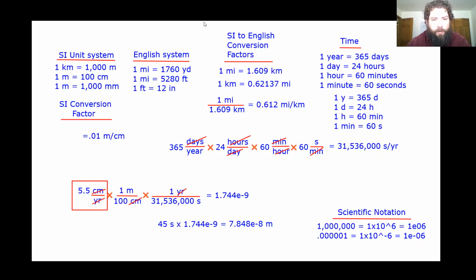Okay, I apologize here. This should be in meters per second. Actually, I'll just erase that. Okay, so there we have 45 seconds times 1.744 e to the negative 9 meters per second.